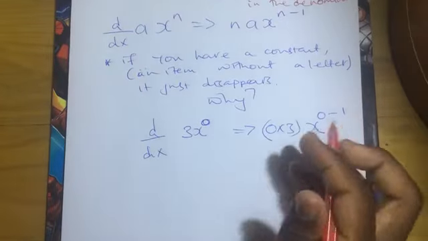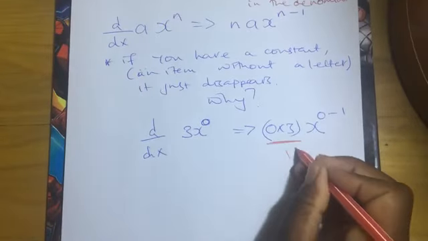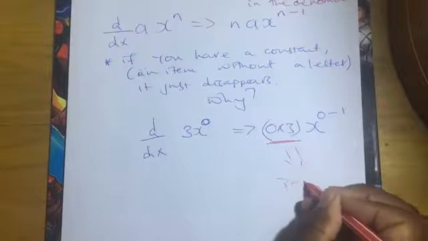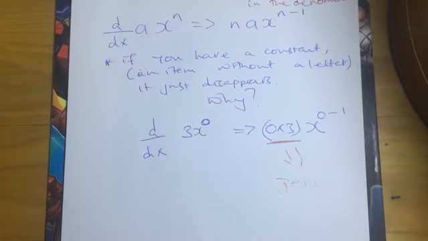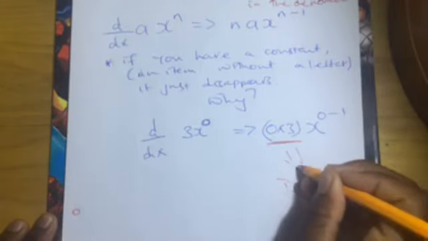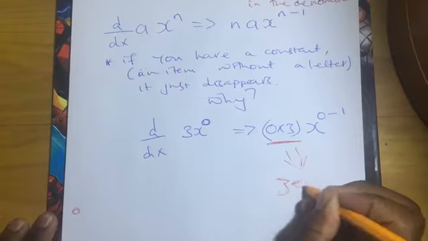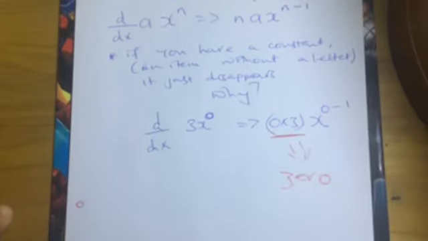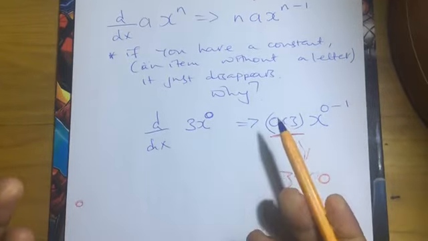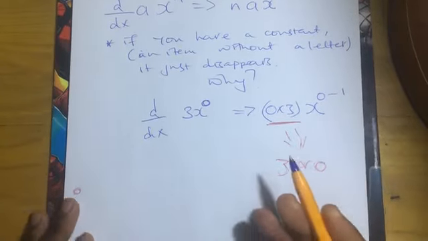Now, anytime I multiply anything by 0, my answer will just be 0. So anytime you differentiate a constant, it simply just disappears.